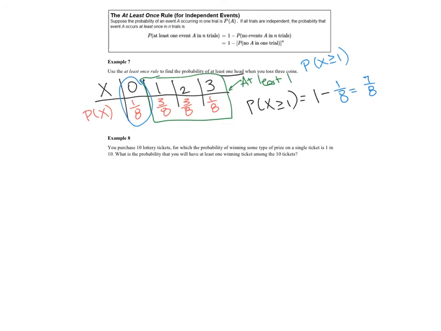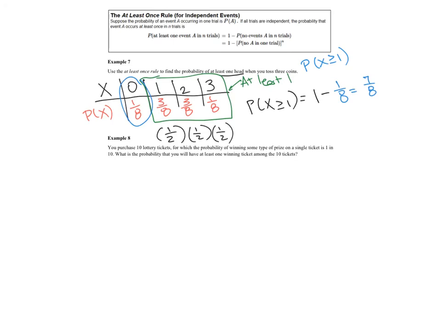Now, with this particular problem, another way to do that would have been: the probability of getting a head on any particular throw is 0.5. I'm interested in getting no heads, which means I'm getting all tails. So the probability of getting all tails would be 1/2, probability of a tail, times 1/2, probability of a tail again, times 1/2.